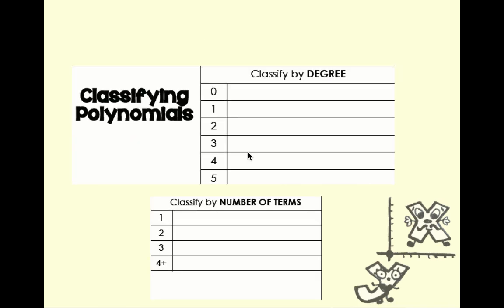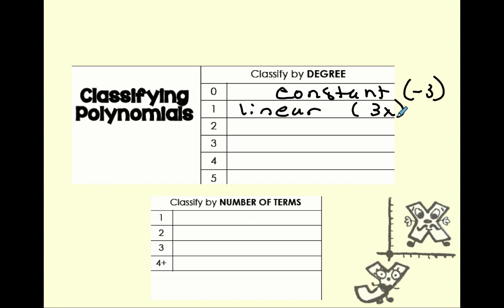When we have degree 0, it's called a constant. That would be something like the expression -3. If it's degree 1, it's called linear, something like 3x. If it's degree 2, it's called quadratic.